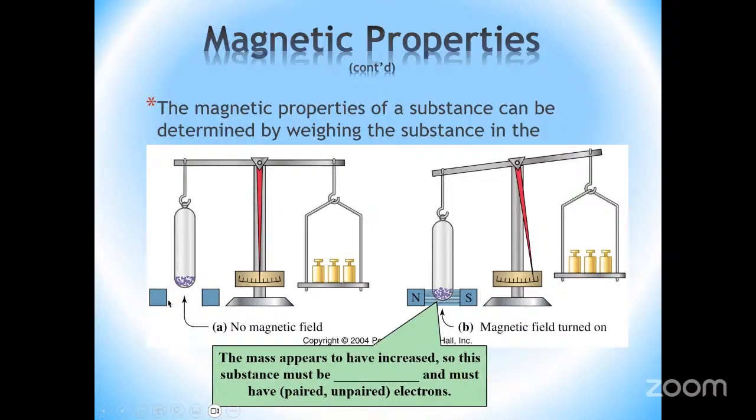When you turn on the magnetic field, if the substance is paramagnetic, the field is going to pull the substance towards it, and therefore it's going to weigh heavier compared to what it was before the field was turned on. If it weighs heavier when you turn on the field, then you know your substance is paramagnetic, which means that it has at least one unpaired electron in its electronic configuration. That's all you need. That's how you determine whether or not a substance is paramagnetic, all right?